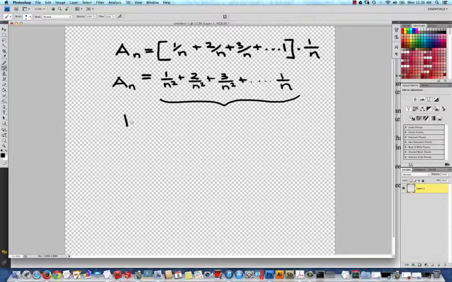So if I take the limit as n goes to infinity of A sub n, well, what's going to happen with that? Well, it turns out, and you can check with your calculator, let n go up to 1,000,000, and we're going to get 1/2. And there you go. That's number 1, all finished.